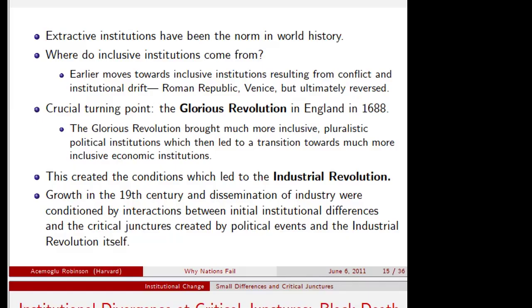So, what changed specifically? The king could no longer raise taxes without parliament's consent. The king could no longer maintain a standing army in peacetime without parliament's approval. The independence of the judiciary was strengthened, religious toleration was extended, censorship of the press was reduced.